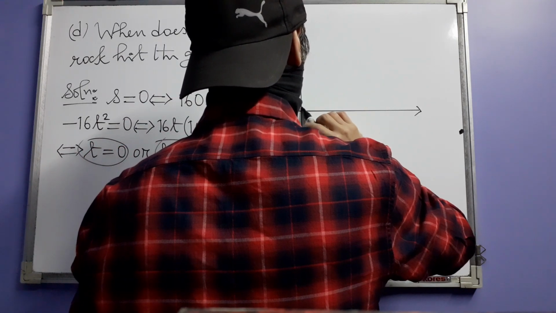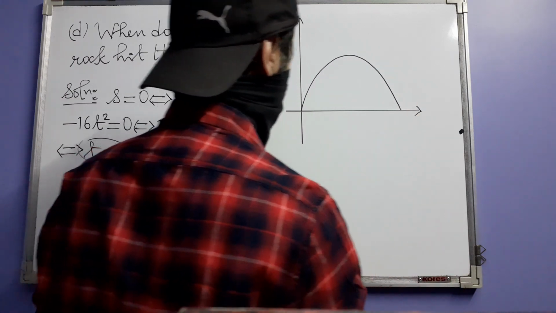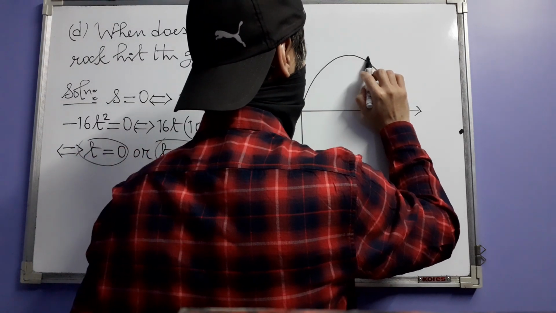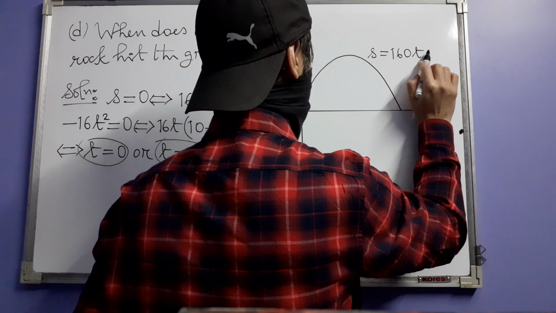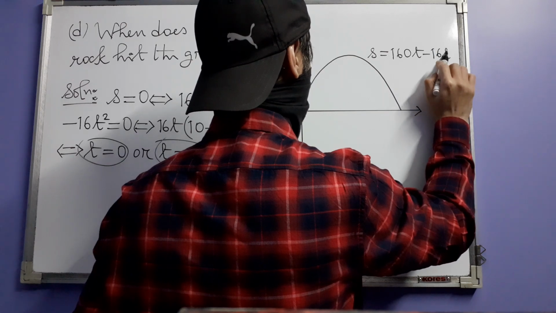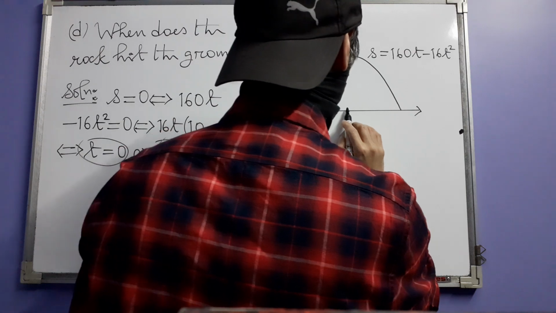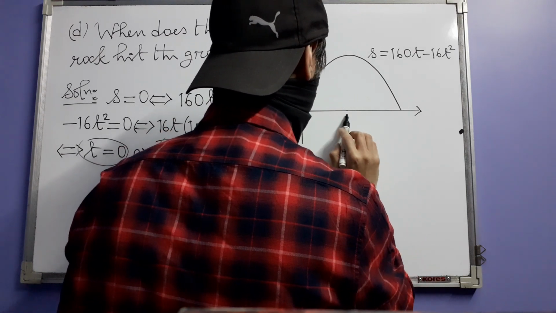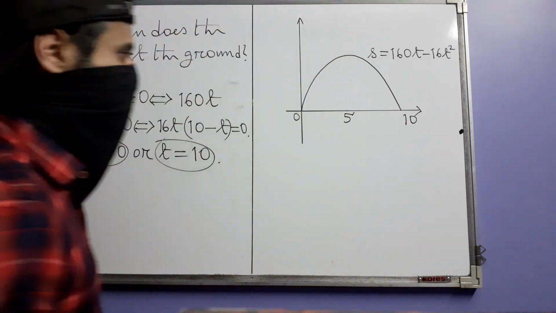The position versus time graph looks like this. So this is 160t minus 16t square. So this is where t is 0, t is 5 and t is 10.